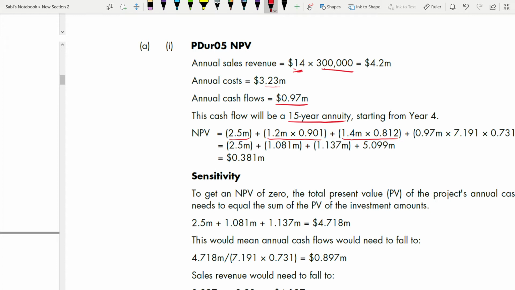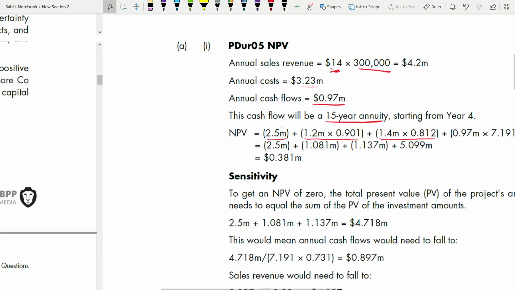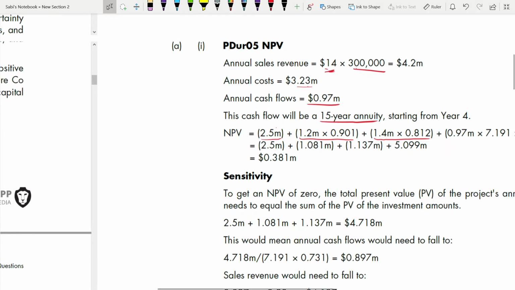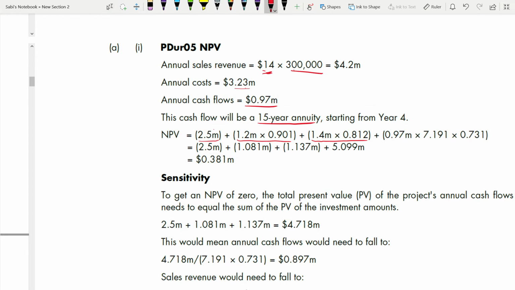Even though this falls in year 1, there will be no discounting factor, because it is starting immediately in year 1. Basically it is year 0 only, so there's no discounting factor for that. It will be 2.5 million only. Discounting starts from here, 1.2, 1.4, and then next.